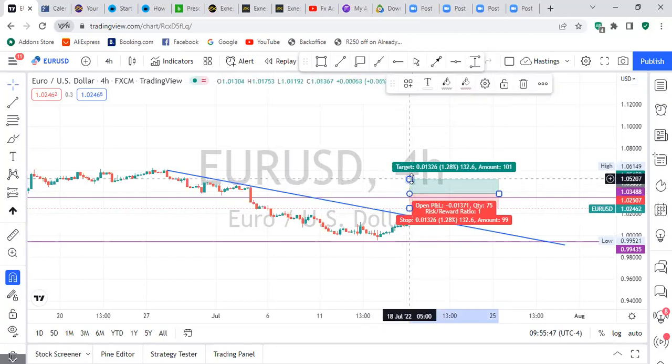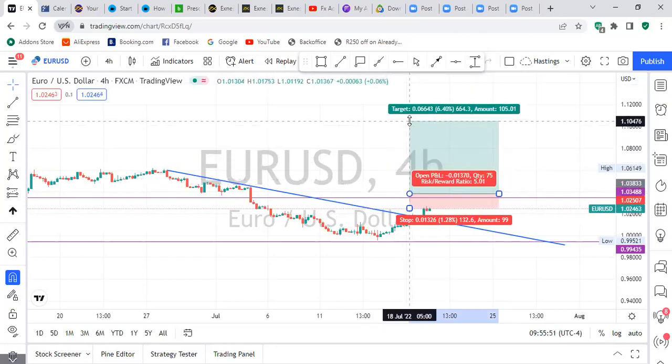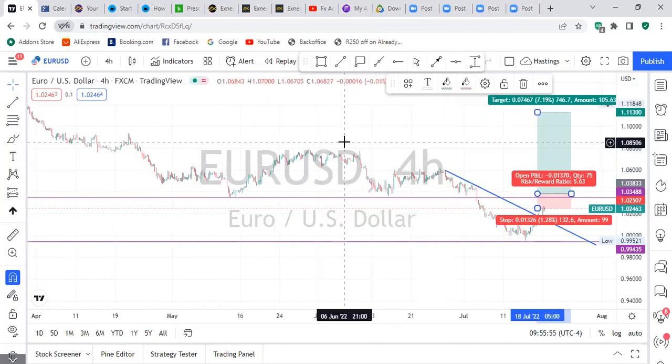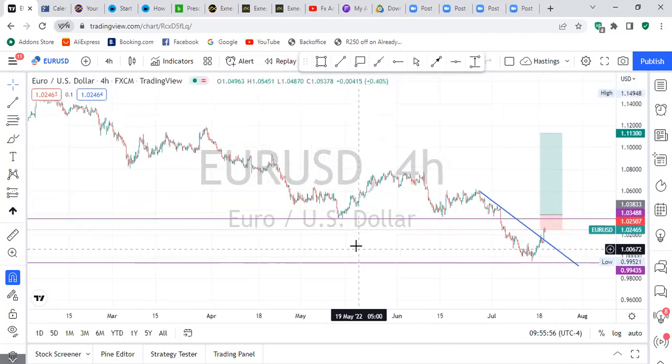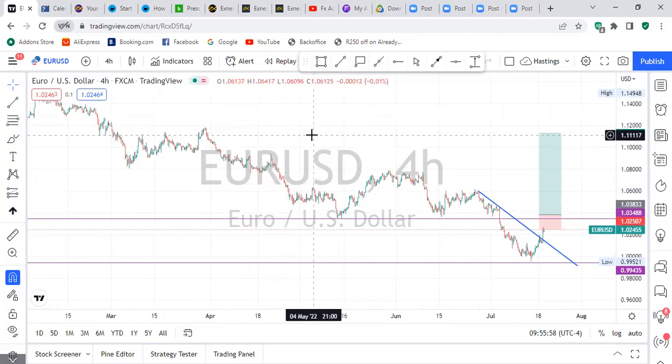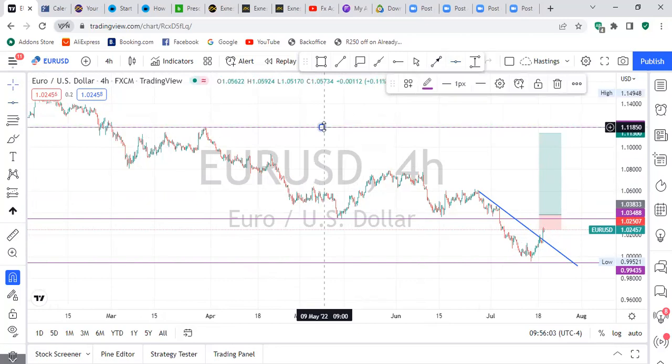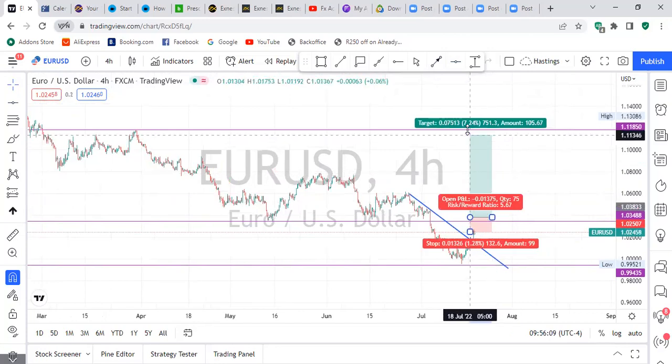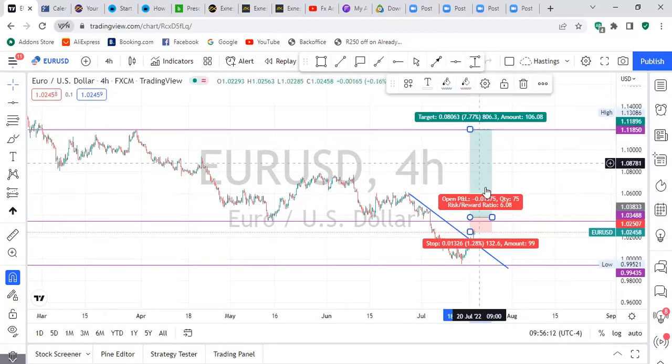For take profit, maybe our next target that we want to reach is here. We're coming from support, right? So we are now looking for the next resistance, and we are hoping the price will reach here.